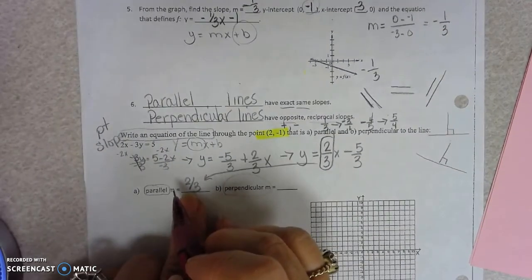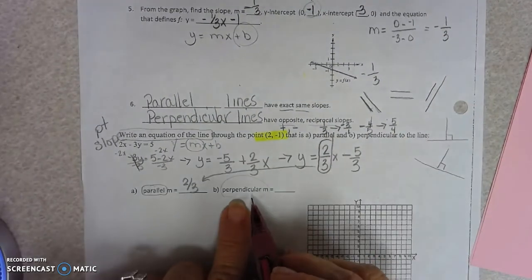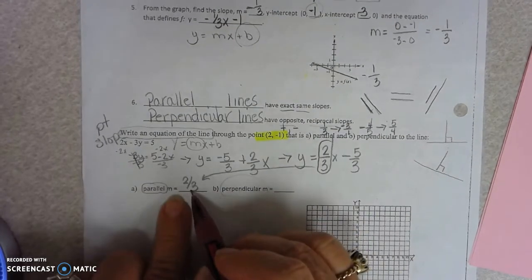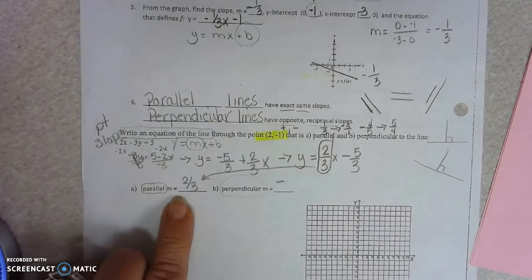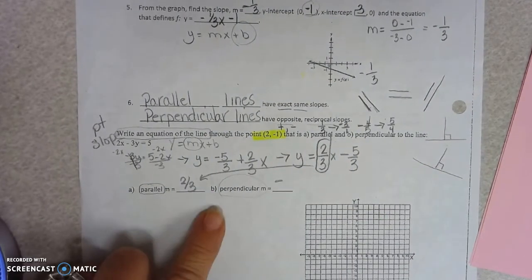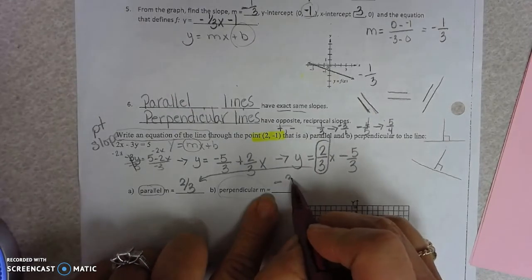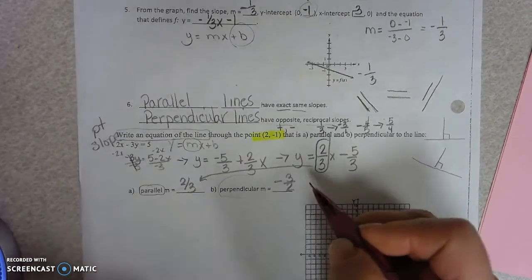So knowing that, the slope of my perpendicular, if it's opposite reciprocals, this slope is positive, so perpendicular would be negative. And the reciprocal of 2/3 is 3/2.